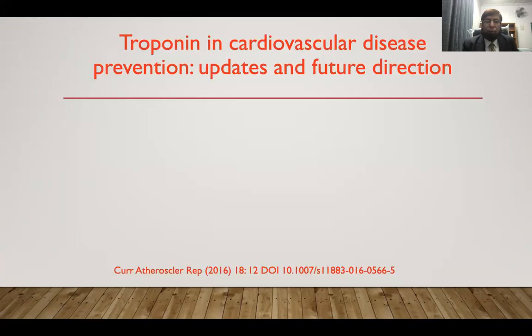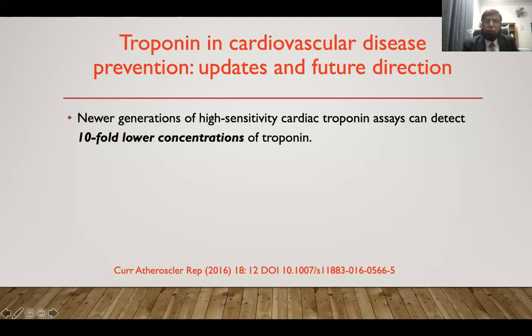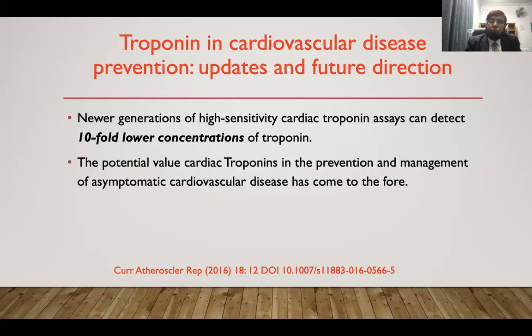Another study was published in Current Atherosclerosis Reports: troponin in cardiovascular disease prevention, updates and future directions. The new generation of high sensitivity cardiac troponin assays can detect 10-fold lower concentrations. Now we are entering the era of troponin assays where the LOD has been lowered about 10-fold. So with the lowering of LOD, we can use troponins as a potential marker for prevention and management in asymptomatic individuals.